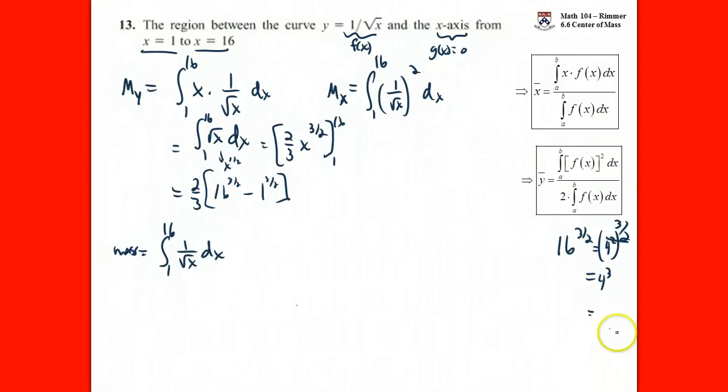Okay? So it is 64. And 1 to the 3/2 is just 1. So we get 63. But that's divisible by 3. 21 times. And so we get, what, 42.